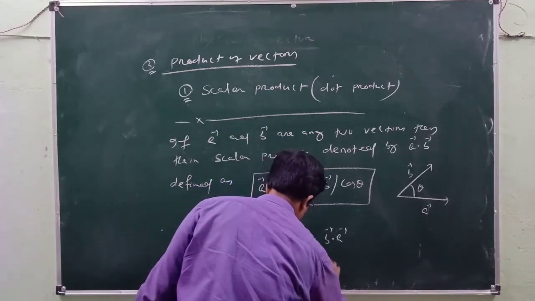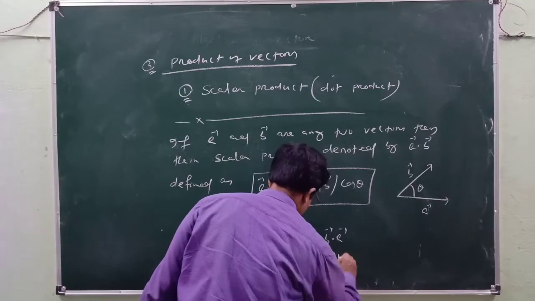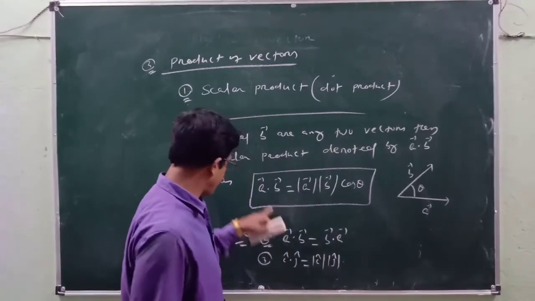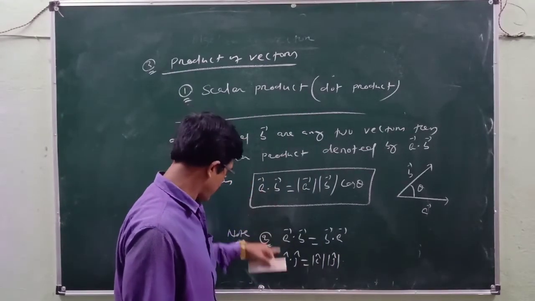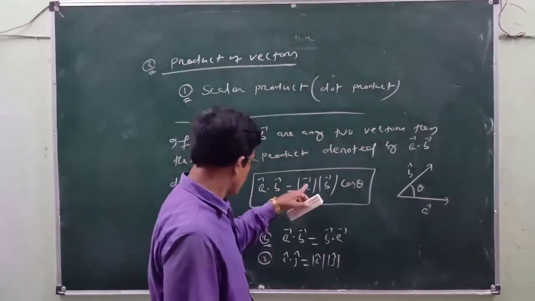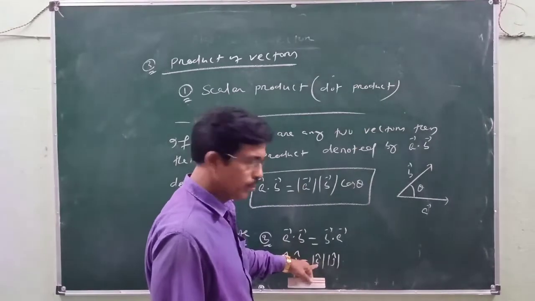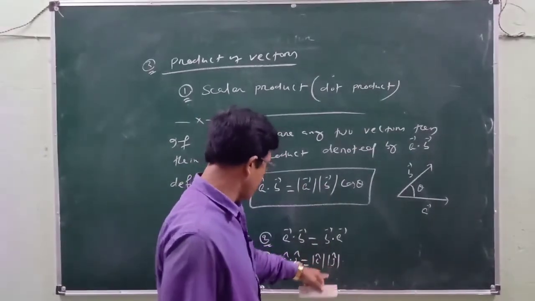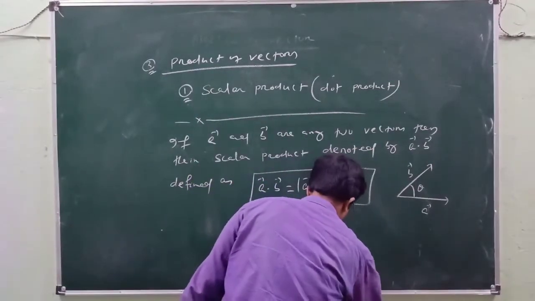Here I magnitude, J magnitude, because in place of A write I cap, and in place of B write J cap. So it will be A magnitude, I write here I magnitude, B magnitude, I write here J magnitude. Then cos.